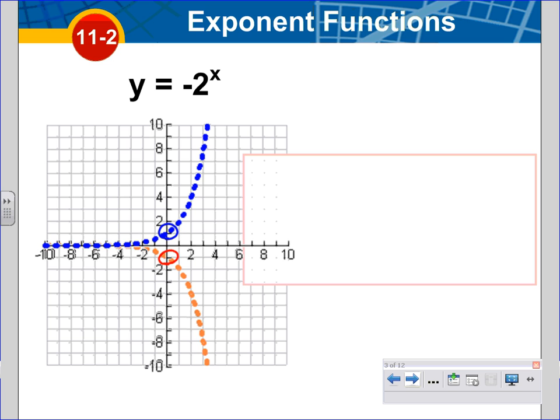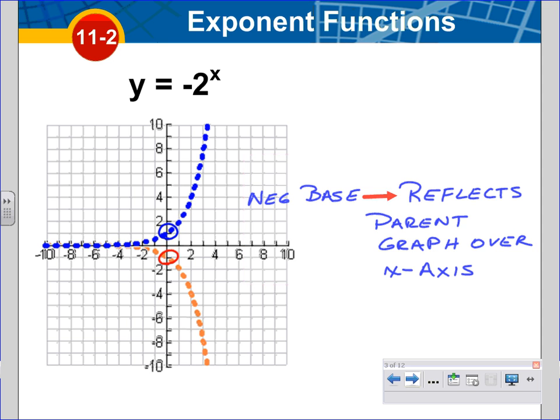So all those values, the 1, the 2, the 4, and the 8, would all be negatives now. So it flips it down. So instead of increasing quickly, it's going to be decreasing quickly because it's negative. Very cool stuff. So bottom line is the negative in front of the base reflects the parent graph over your x-axis.